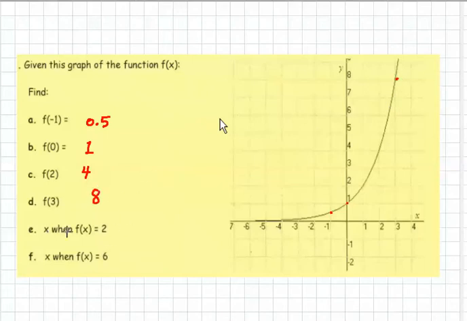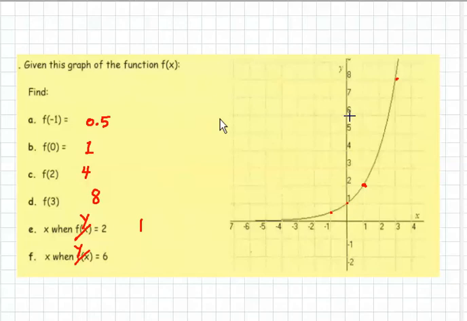Now here's a couple different ones. They're asking for my x when, again, think of this as my y instead of f of x. What's x when y is 2? Here's my y-axis, and when my y is 2, right there, x is 1. Now what is my x when my y is 6?